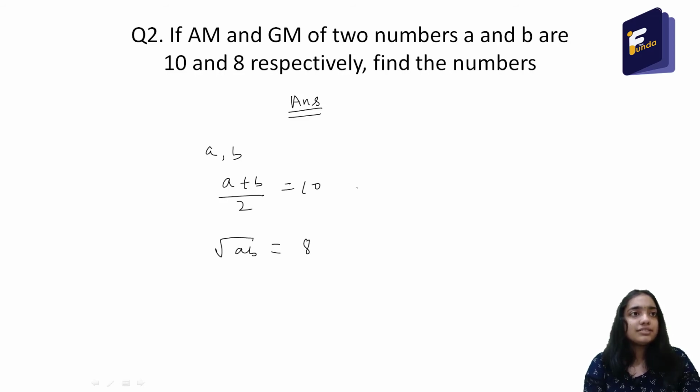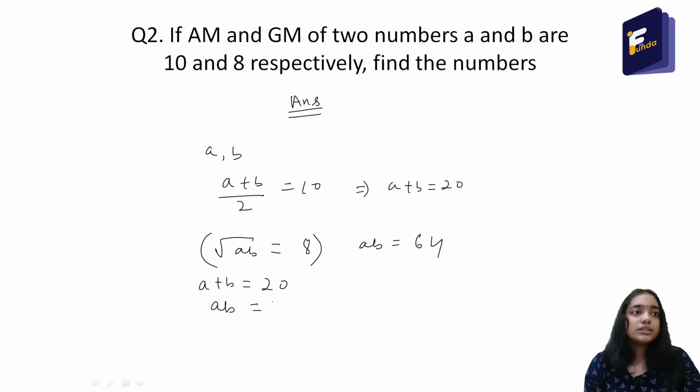By simplifying, we get a plus b equal to 20, and by squaring the equation we get ab equal to 8 square, that is 64. So now we have a plus b equal to 20 and a into b equal to 64.